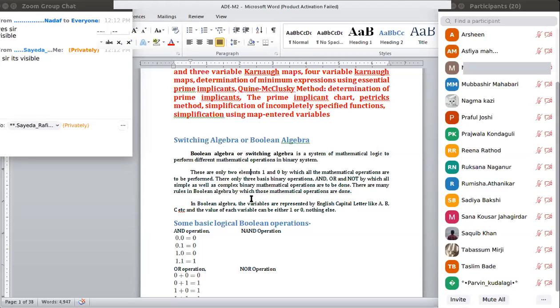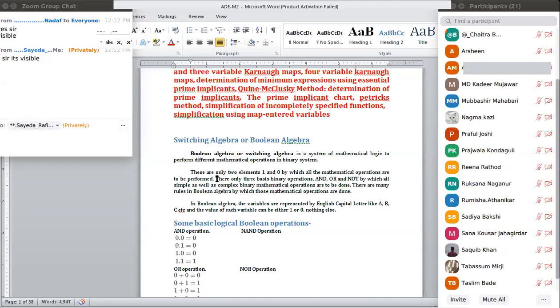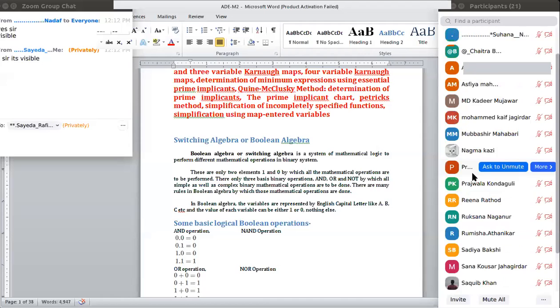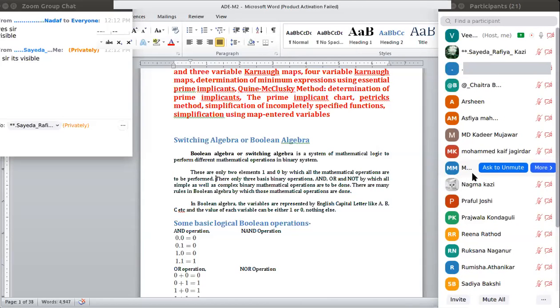And what are the operations? When I say mathematical operations in decimal, it will be plus, minus, multiplication, and division. Basic four things are there.